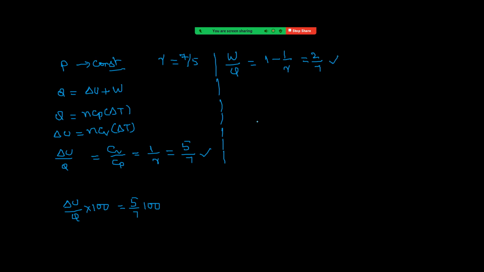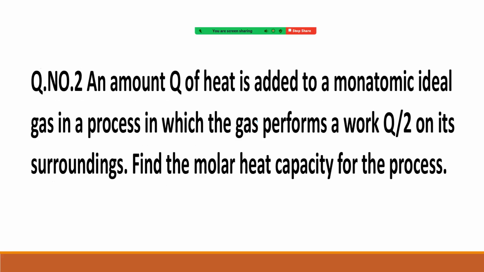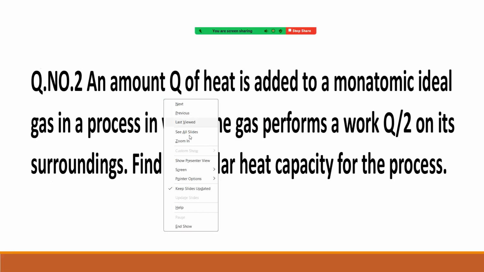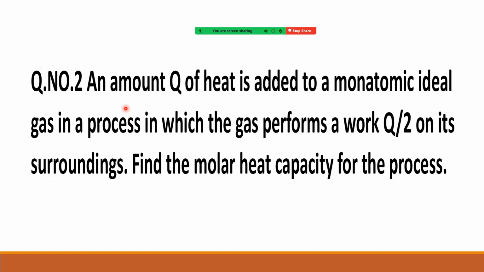Let us focus on the next problem. An amount Q of heat is added to a monoatomic ideal gas in a process in which the gas performs a work Q by 2 on its surroundings.